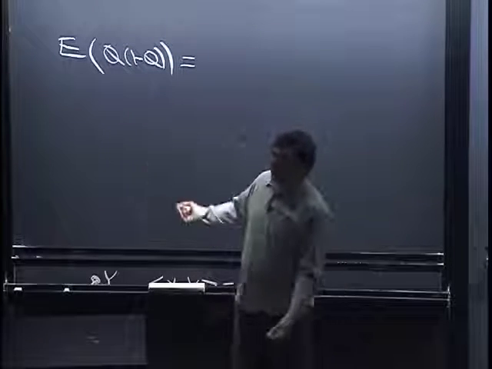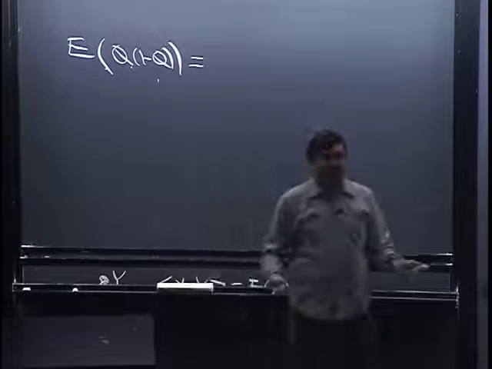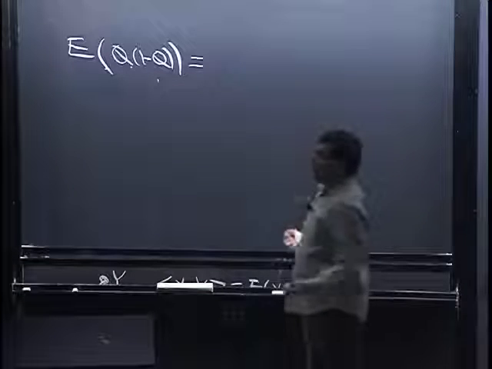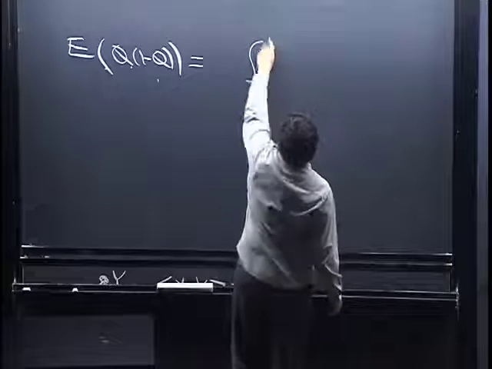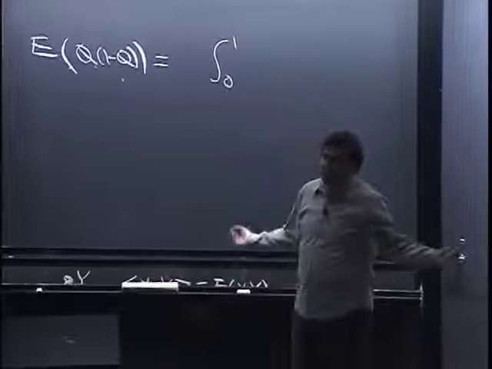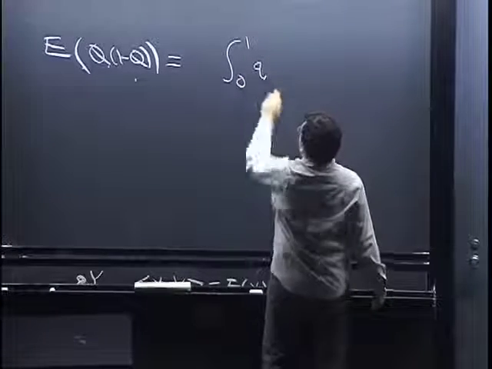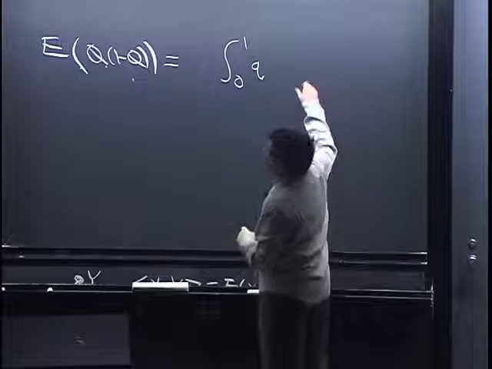One thing we could do is just say this is E of Q minus E of Q squared, and we already know E of Q, and we could get E of Q squared. That's perfectly fine, but let's do it directly using LOTUS. So I'm going to write down LOTUS, so this is just Q(1 minus Q), and then I'm going to write the beta density.